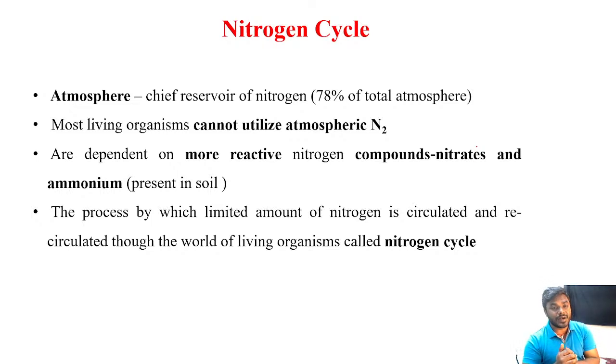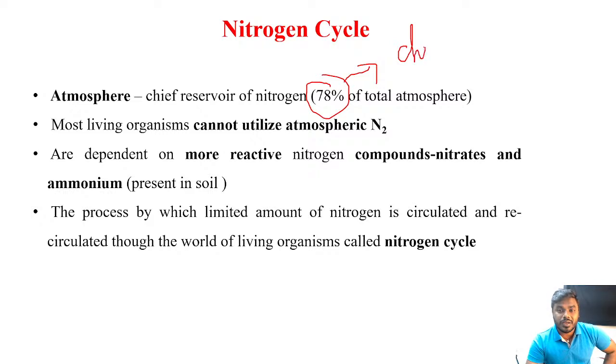But the point is here, where is the nitrogen present? Nitrogen is present in the atmosphere, 78%. But friends, listen to my words very carefully. Whatever nitrogen is present in the atmosphere is chemically inert.